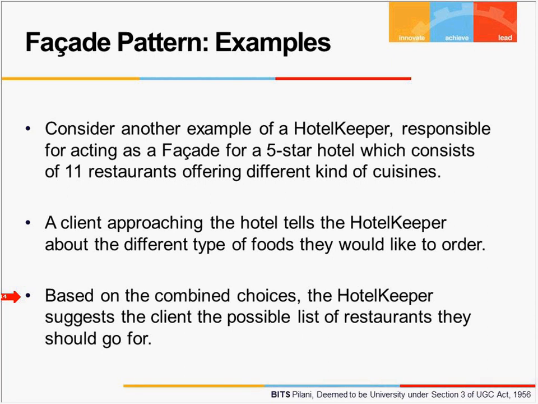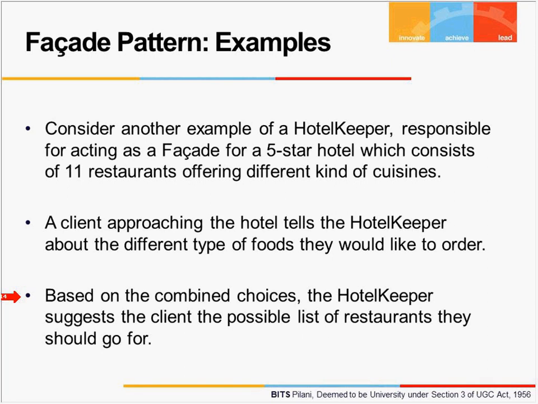This analogy is derived from the kind of systems that you find nowadays, for example, some sites like Trivago, they provide you information from n number of hotels, so you are not required to visit the site of every hotel and look for the possible choices, right?